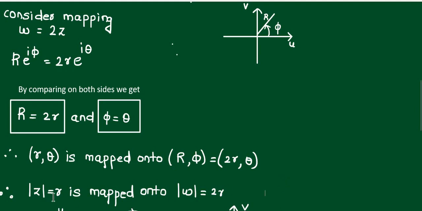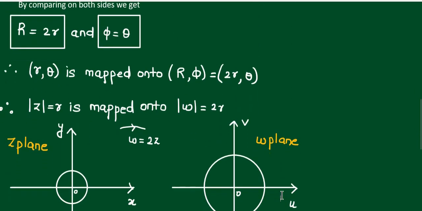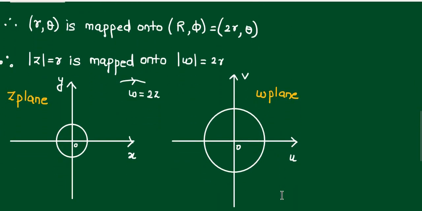So, mod z equal to r is nothing but an equation of a circle with center at origin and radius r is being mapped to mod w equal to 2r. It is mapped to another circle, but twice the radius and same angle. If you want to sketch the diagram, this is how it looks.